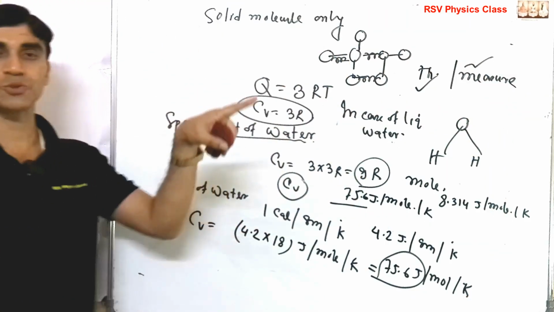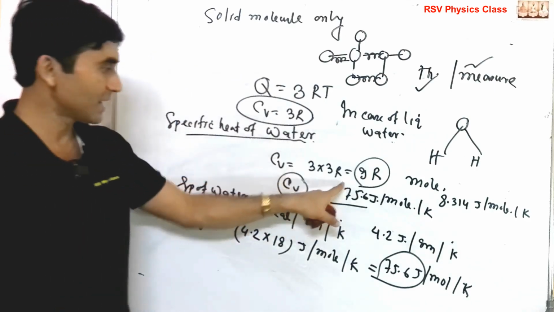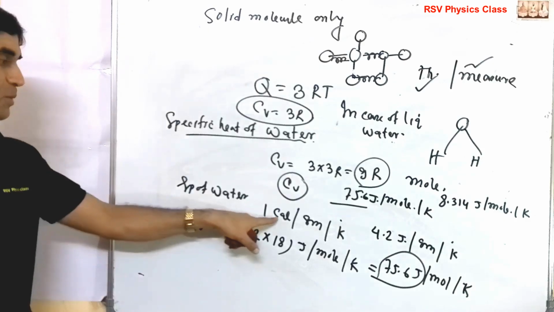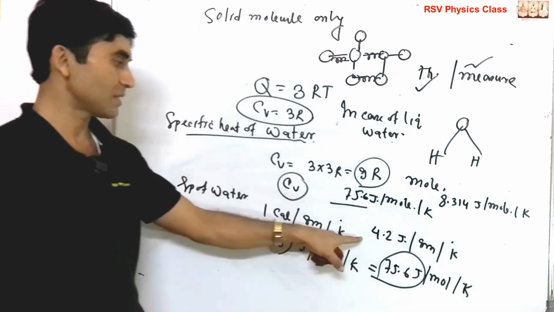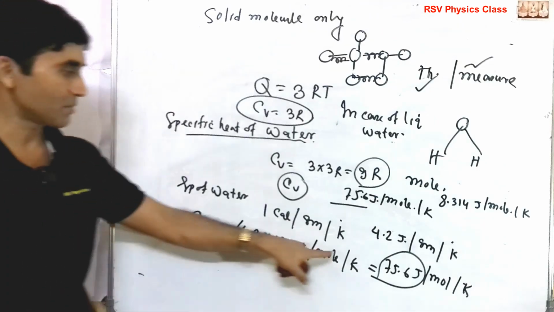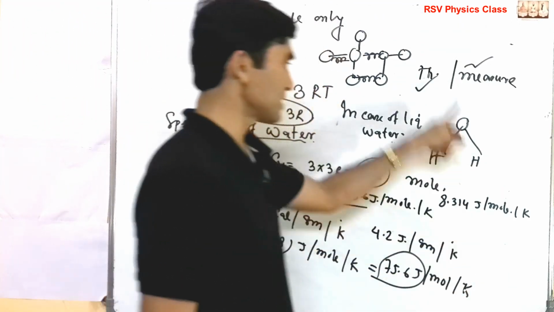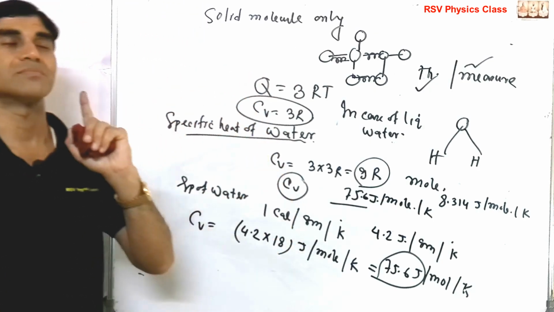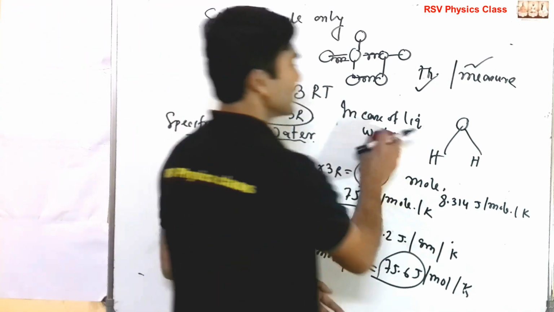So all the theory is true. So this is 9R and 75 joule per mole per Kelvin. So it is matching. Okay, now the actual challenge is coming here.